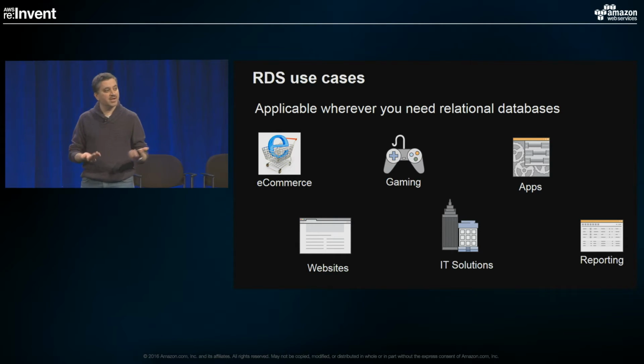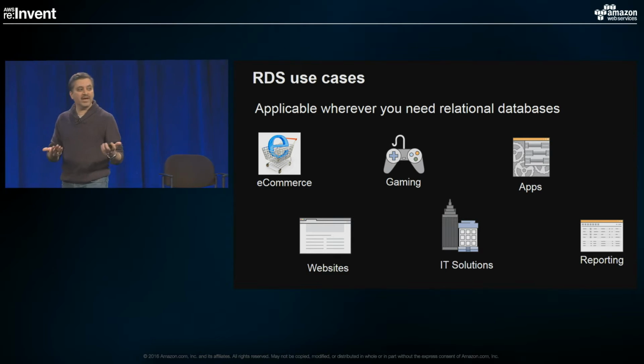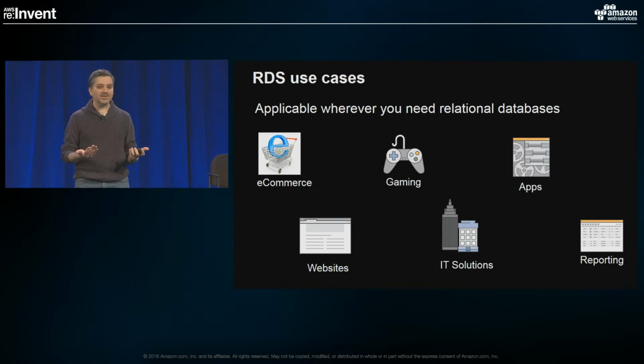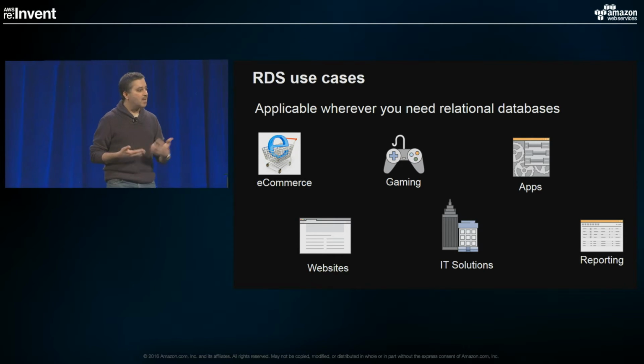It's a managed database experience that you can simply click and launch in a few minutes and access using SQL endpoints. That's all you need to do, right? All the other complications of the underlying operating system, database configuration, and backups will be done by the RDS service.